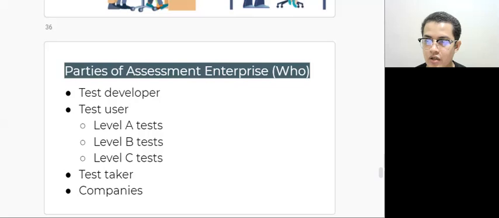Now, these tests are more complex compared with level A. So, the test user will have the understanding of psychometric principles, such as the traits being measured and discipline within which the tests are used, such as education, clinical, and counseling. Okay, so basically, level B test would generally include most individual or group tests of achievement, interest, screening inventories, and personnel tests.